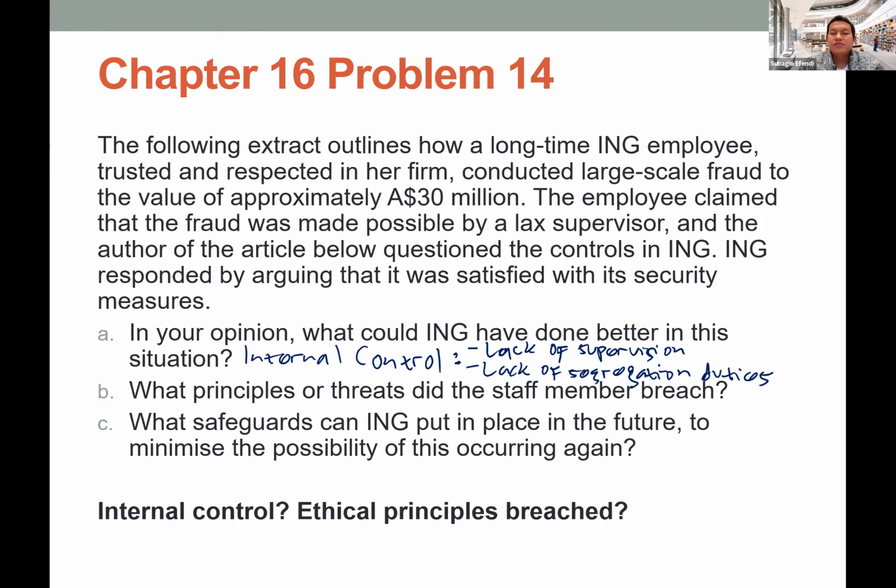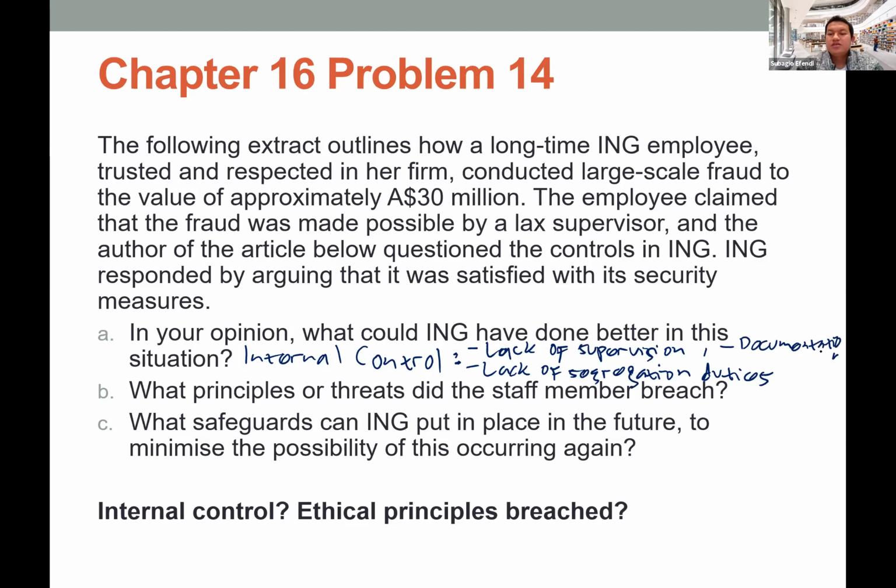Okay, so if we want to implement proper internal control, the staff responsible for processing the payment and the staff responsible for recording the transaction should be different people. So we will have check and balance there. And lastly, we see a problem in the documentation.